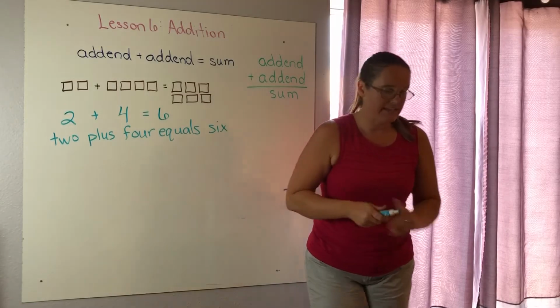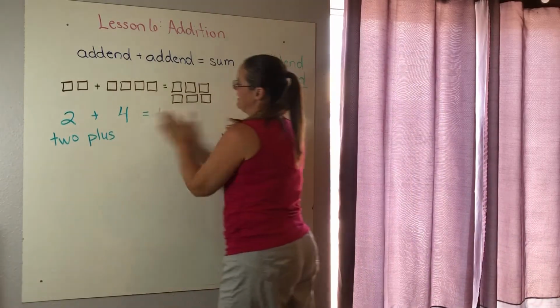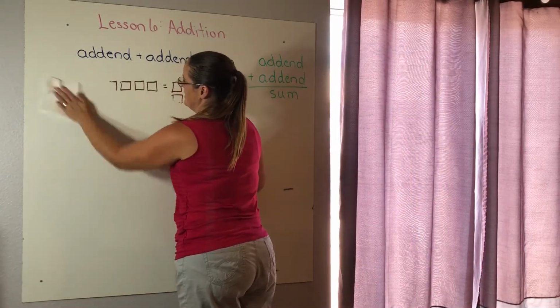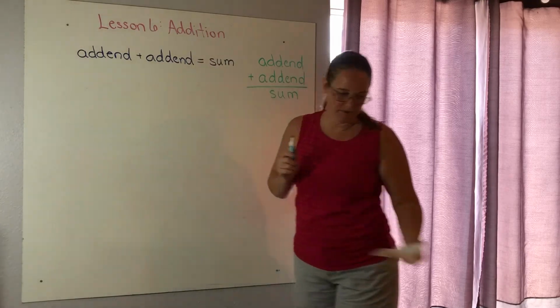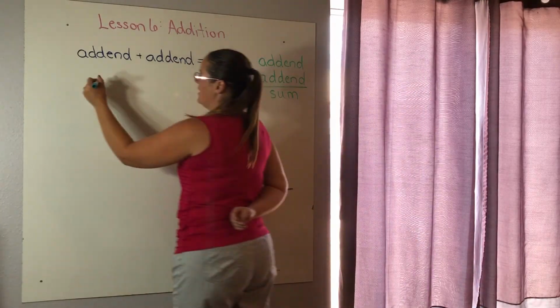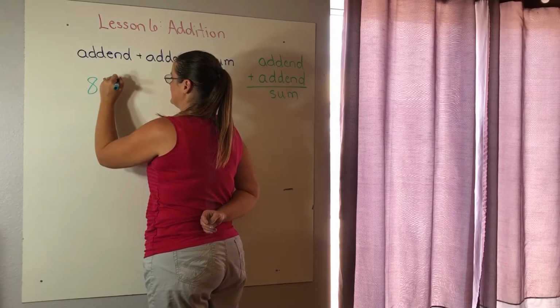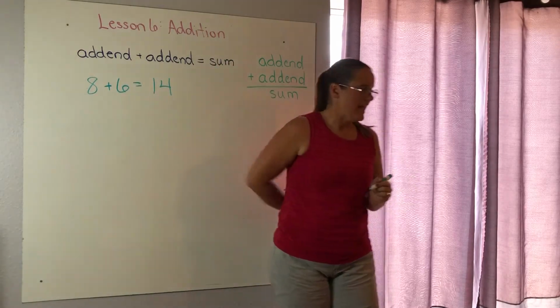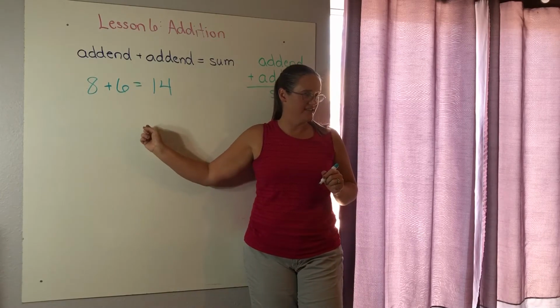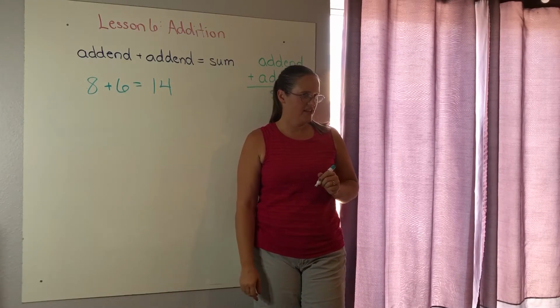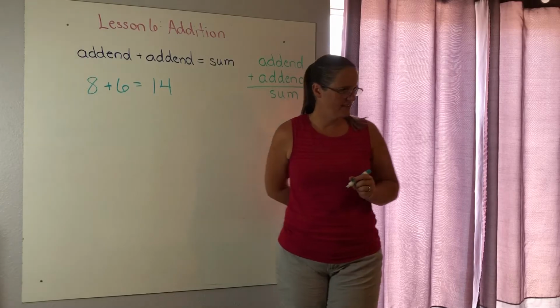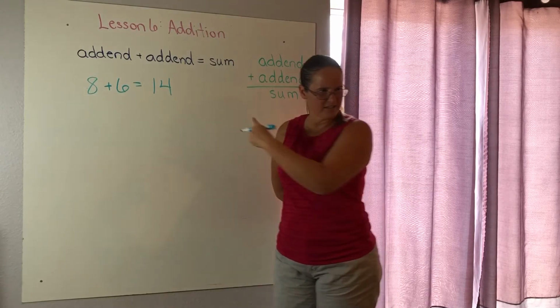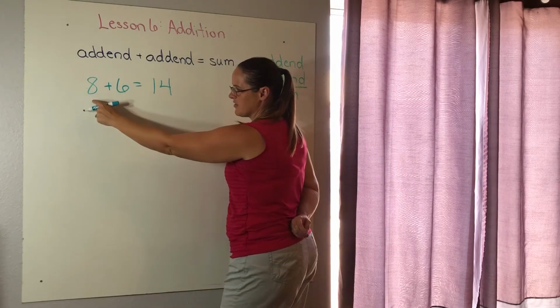The other way they might spin that is they might give you the number sentence. They might give you 8 plus 6 equals 14, and they might ask you to use tiles to solve this number sentence. So how would we do that? Tiles, those little blocks that I drew up here, how many would I draw? 8.